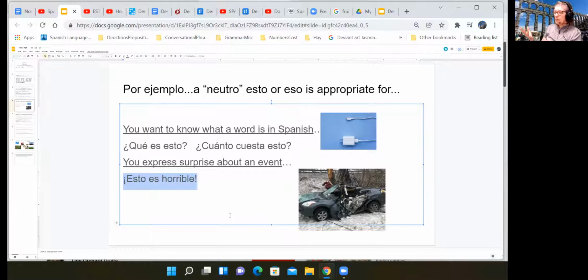But you look at this mangled up piece of car sitting on the curb and you say, uy, esto es horrible, this is awful. Because you're talking about the whole situation, see? So esto and eso are kind of nice cheat words. When I want to just refer to an event, a thing that I don't quite know, I can use them as cheat words.